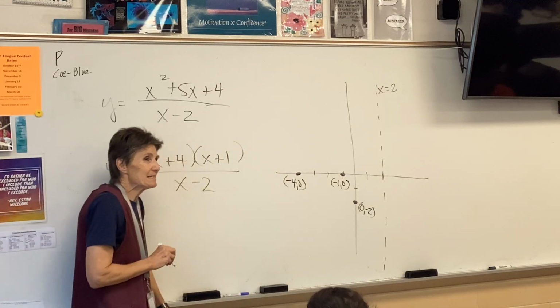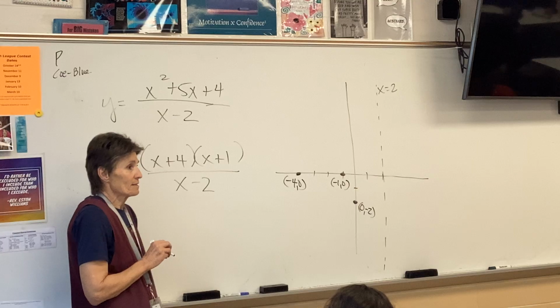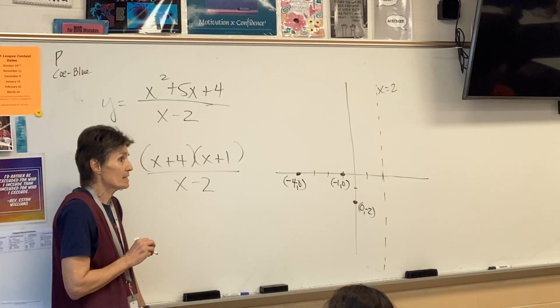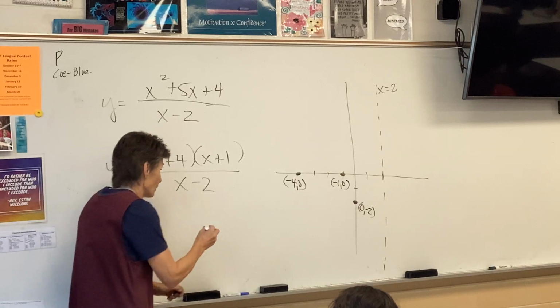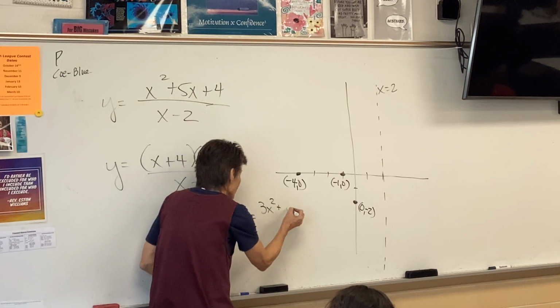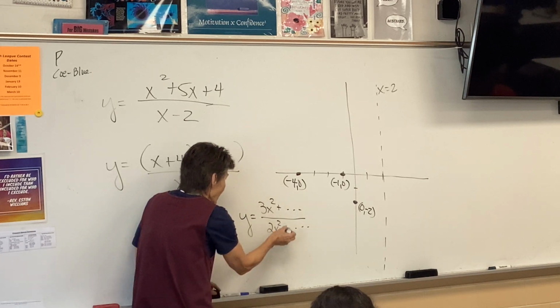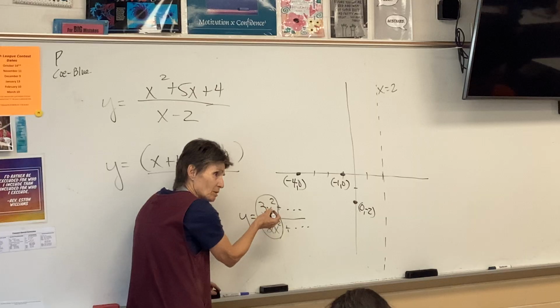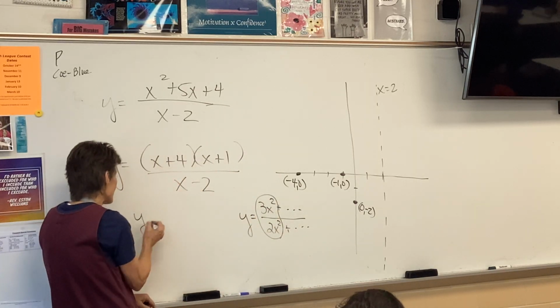Before you start connecting any dots, there's something missing. What's missing would be the horizontal asymptote. But remember, horizontal asymptotes happen when you have problems like this. So that horizontal asymptote would be 3/2. Or if you have something like this.